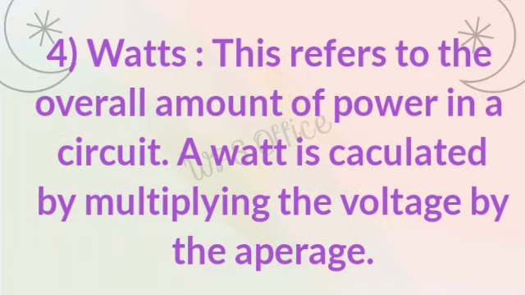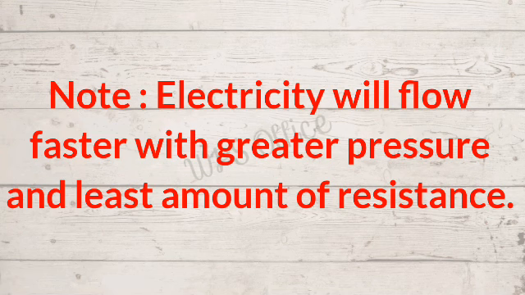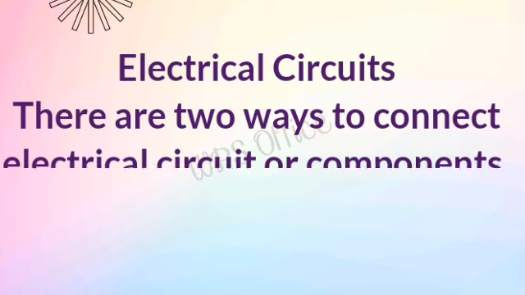Watt refers to the overall amount of power in a circuit, and watt is calculated by multiplying the voltage and the amperage. Note, electricity will flow faster with greater pressure and least amount of resistance.